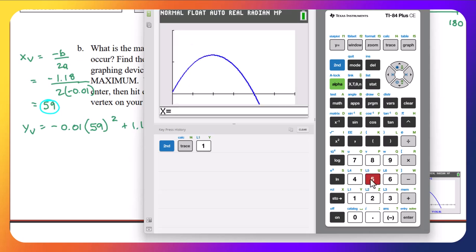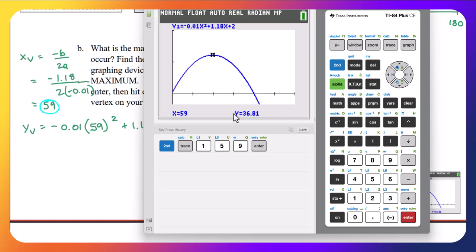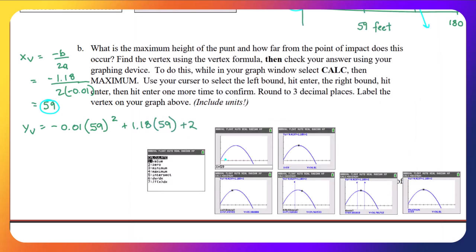And then you can type in 59 next to x equals, press enter, and it will give you the y value at the vertex, because 59 was the x value of the vertex. And so here we type in the 59, and this is the window that shows that calculation. Okay?